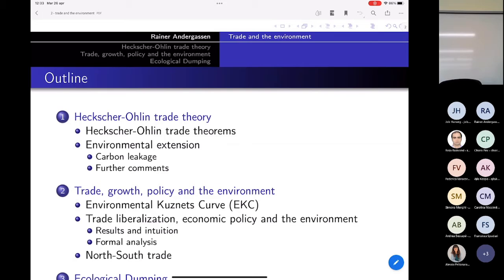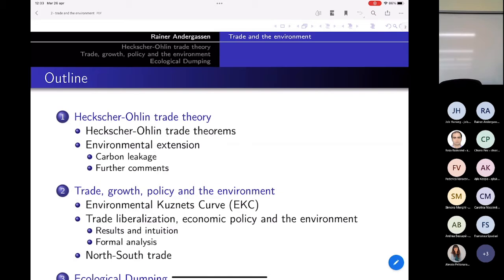So if we tax our industries, but production just moves abroad, and you have 100% leakage, meaning that a 1% reduction here at home leads to a 1% increase abroad, then at the global level nothing changes.